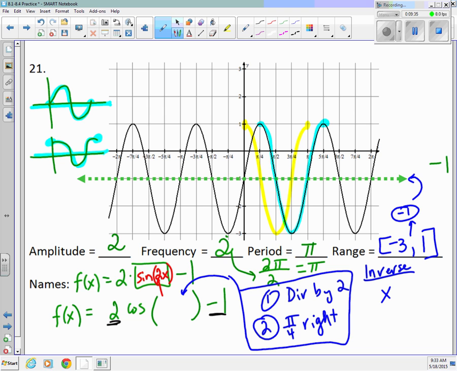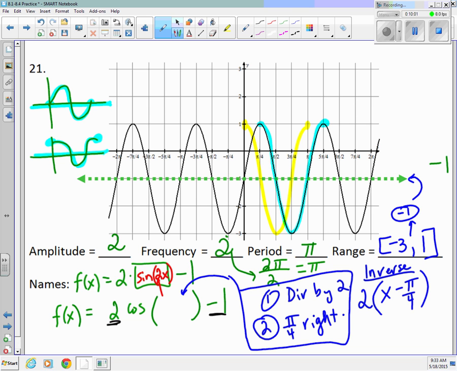Well, in order to invert, I have to do the opposite steps in the opposite order. So my last step was pi over 4 to the right. So then I'm going to take my x and I want to subtract pi over 4. That's the inverse. Then I'm going to take that answer and multiply it by 2, because that's the opposite of dividing by 2.